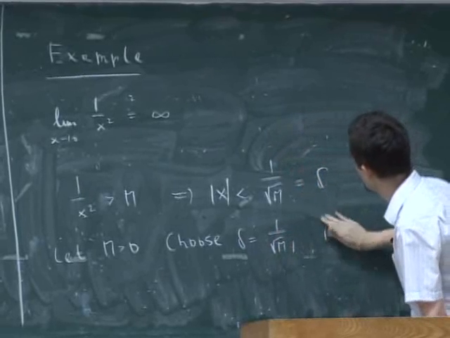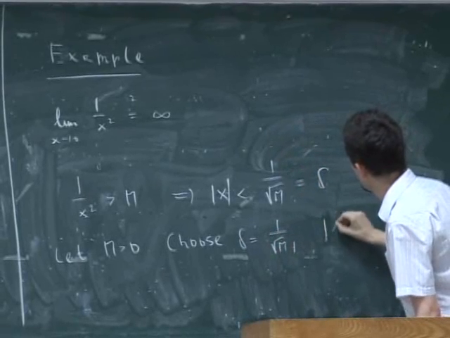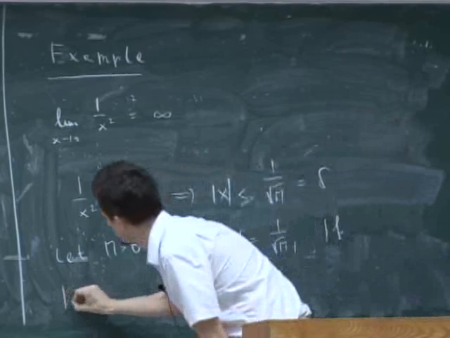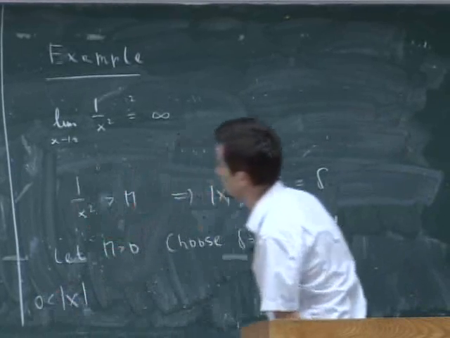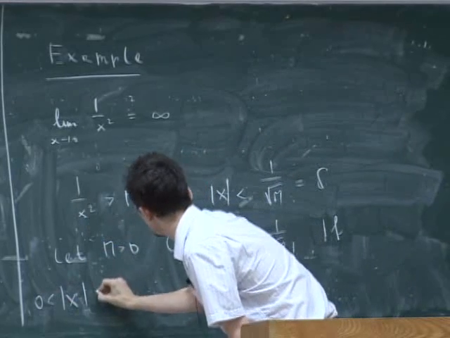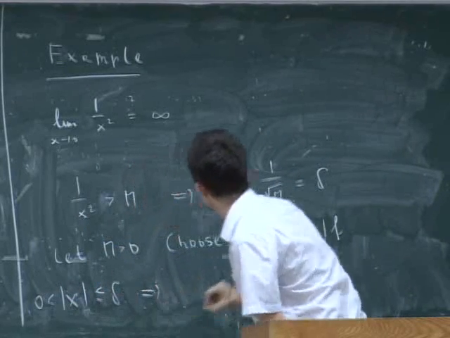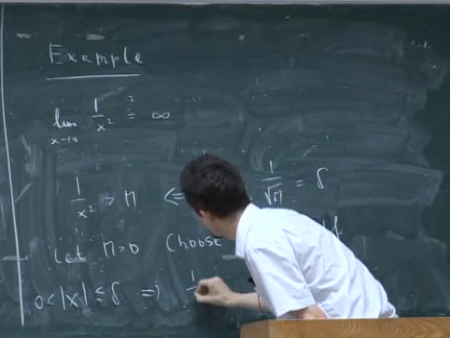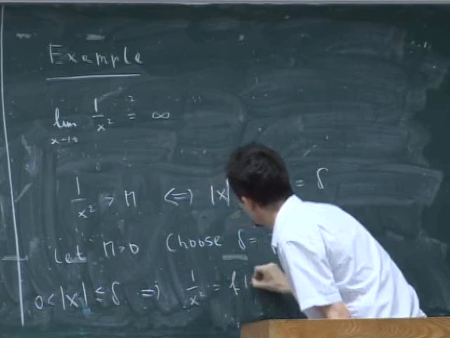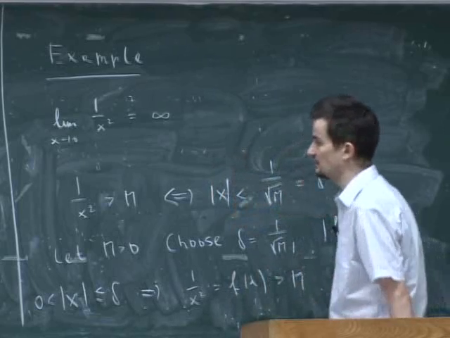Now, if the distance between x and 0 is larger than 0 and smaller or equal than delta, then doing the same in reverse, because this is if and only if, we'll get that 1 over x squared, which is our function f of x, is larger than m, and we are done here.